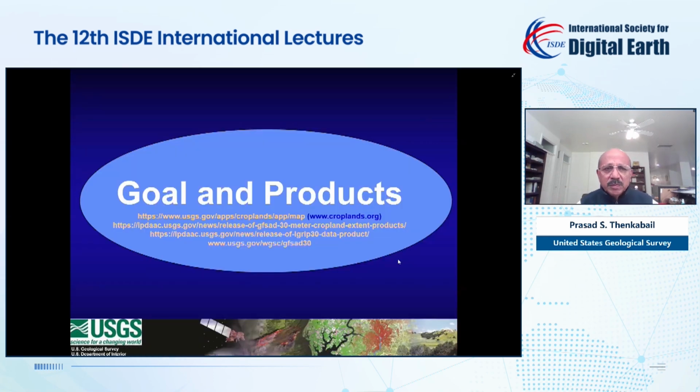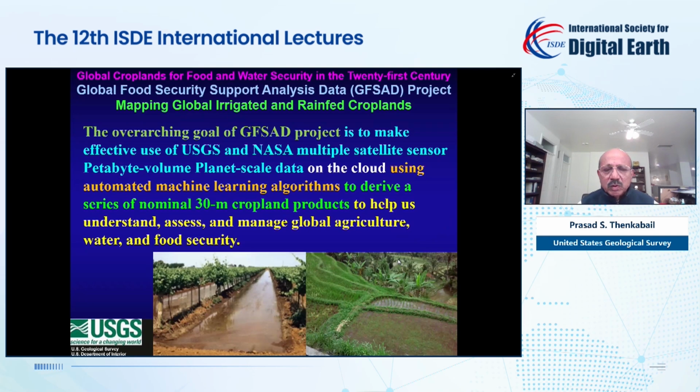So when we talk about global cropland mapping, this talk will focus on utilizing United States Geological Survey data. Most of you are aware of the Earth Explorer, where you can get this data, and a lot of Landsat data is now also available almost seamlessly on Google Earth Engine. And of course, NASA data.